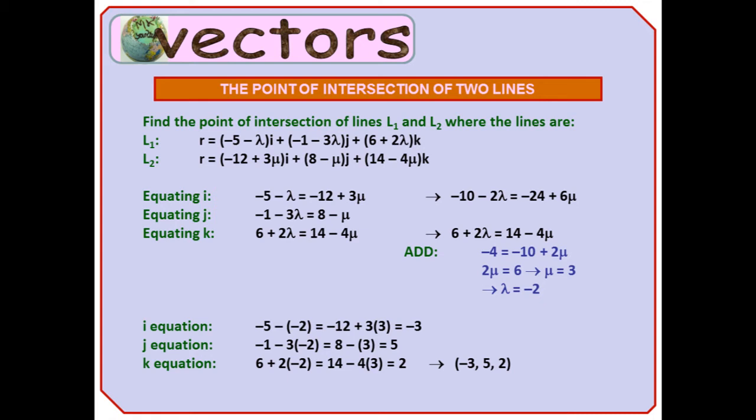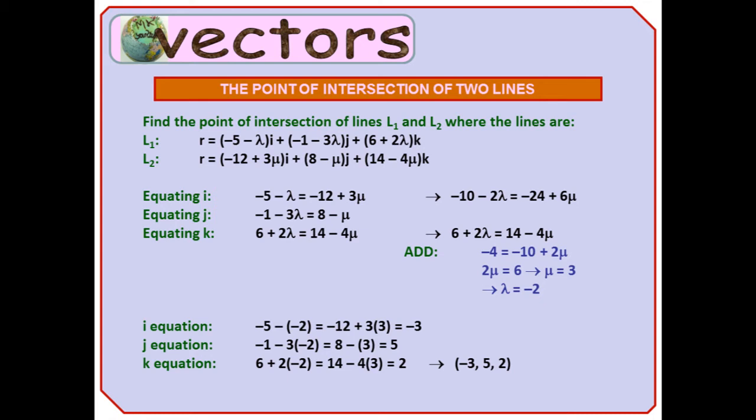For example, L1 has (-5 - λ) i's, and L2 has (-12 + 3μ) i's, which means I'm free to write -5 - λ = -12 + 3μ. Although there are various ways of doing it, I've got to choose one, so I'm going to double the i equation and add it to the k equation, which leads to μ = 3 and λ = -2.